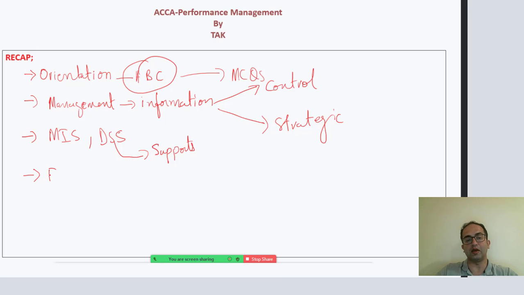We also discussed ERPs, enterprise resource planning, and open and closed information channels, information systems, and the information environment. This is pretty basic, and one should have read the relevant chapter.